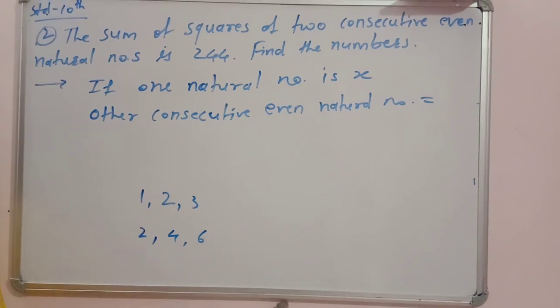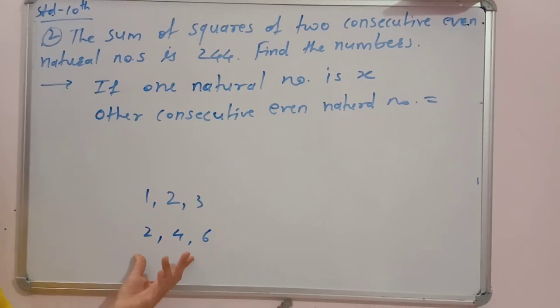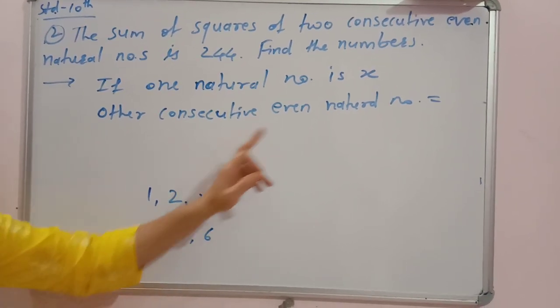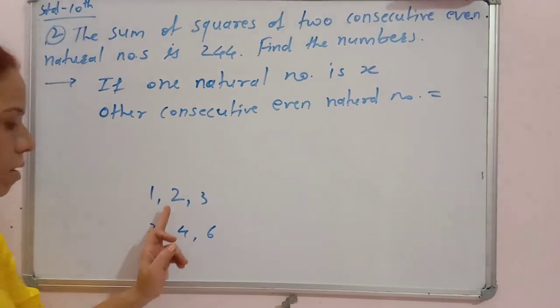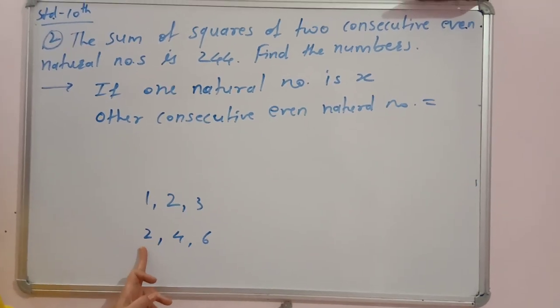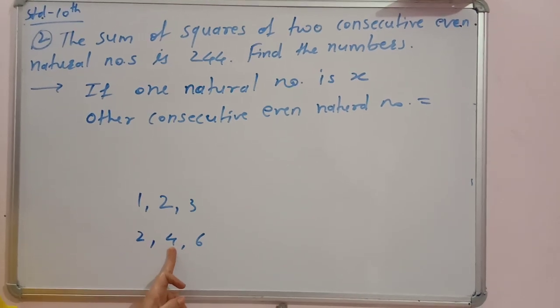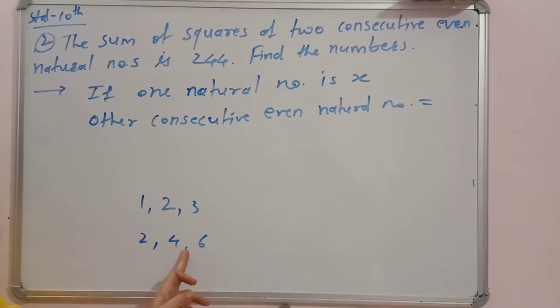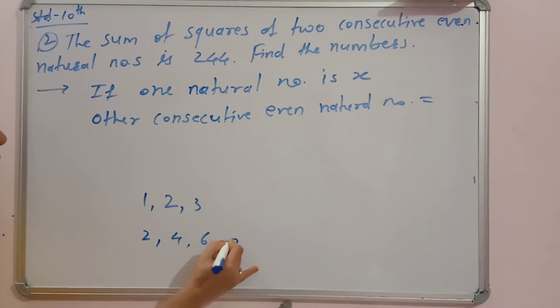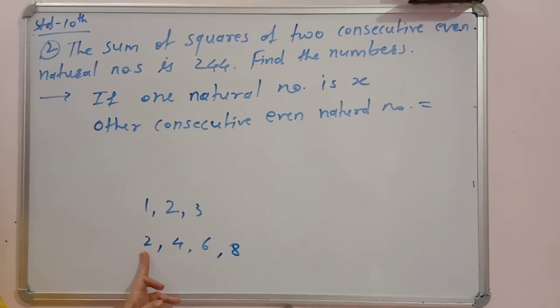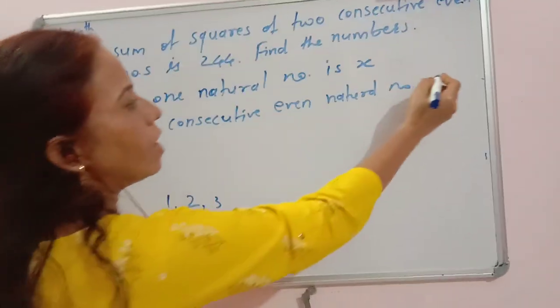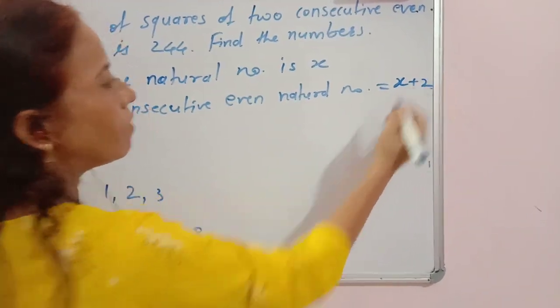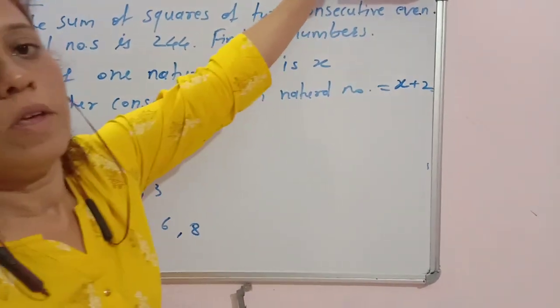So if the first even number is 2, the next is 4, then 6, then 8, which means we have to add 2 to get the next even number. So in this also I have to add 2 and then I will get the next consecutive even number.